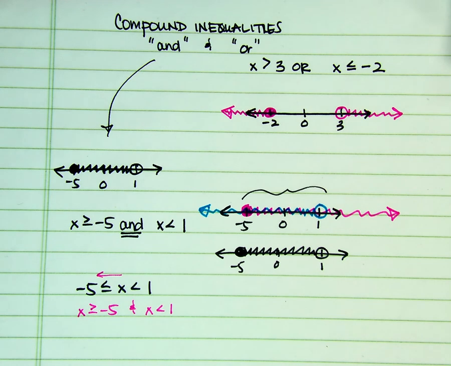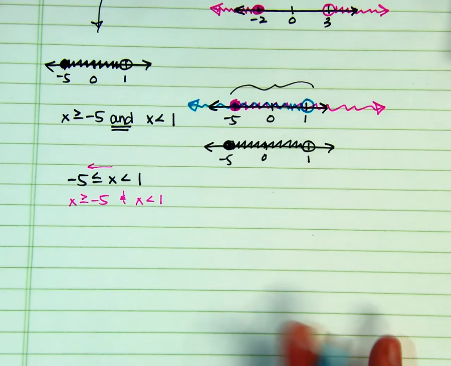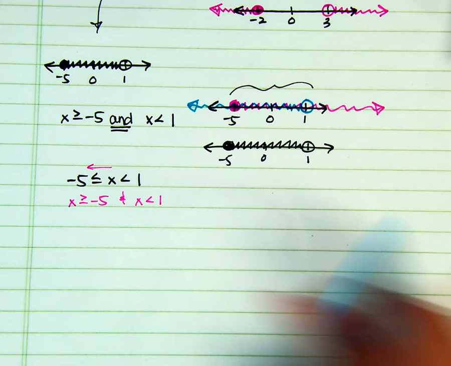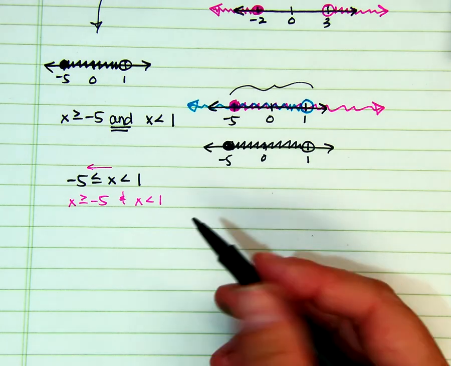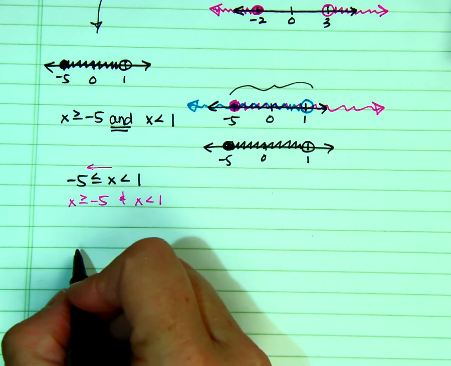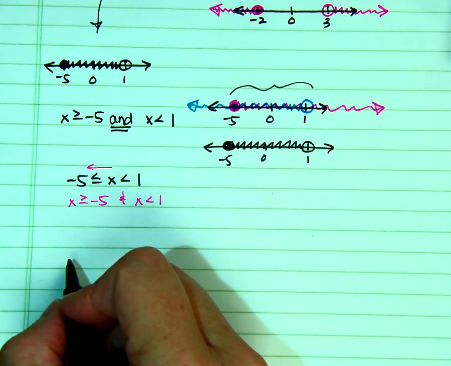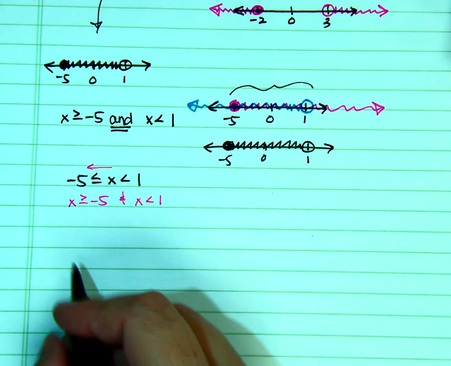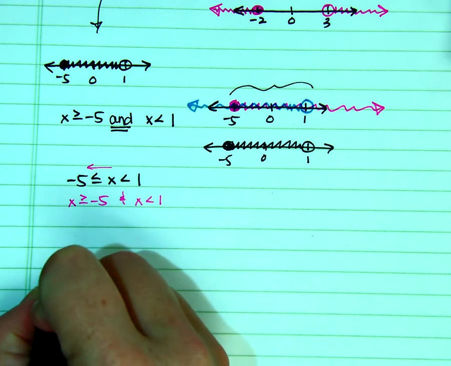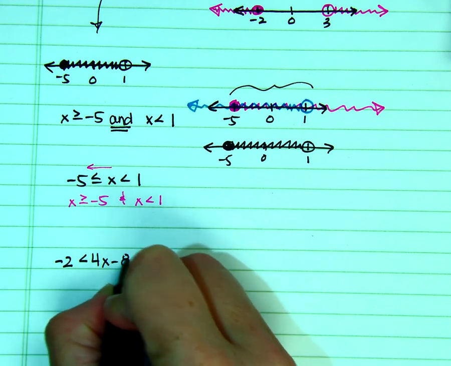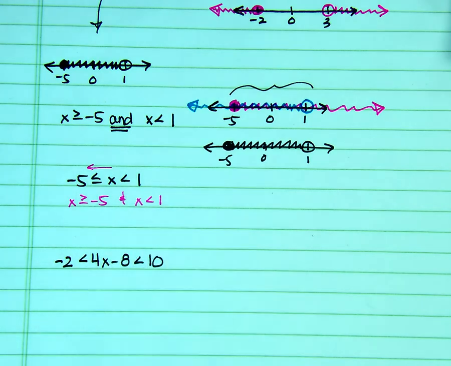So if we have a compound inequality, let's get into some multi-step. So if we have -2 is less than 4x minus 8, which is less than 10.